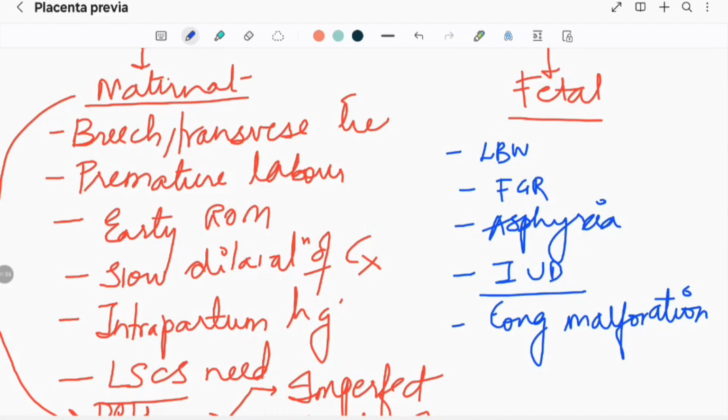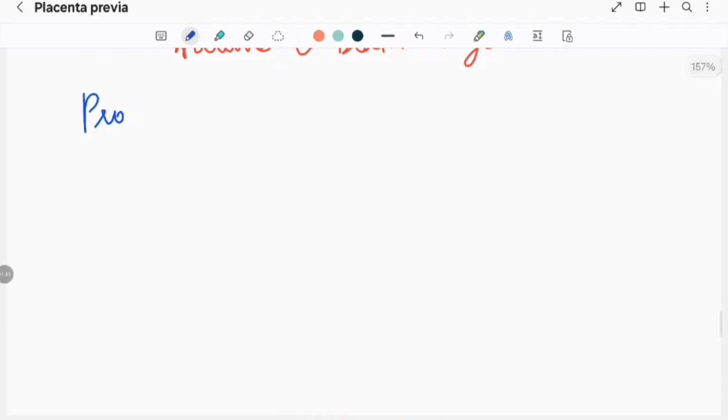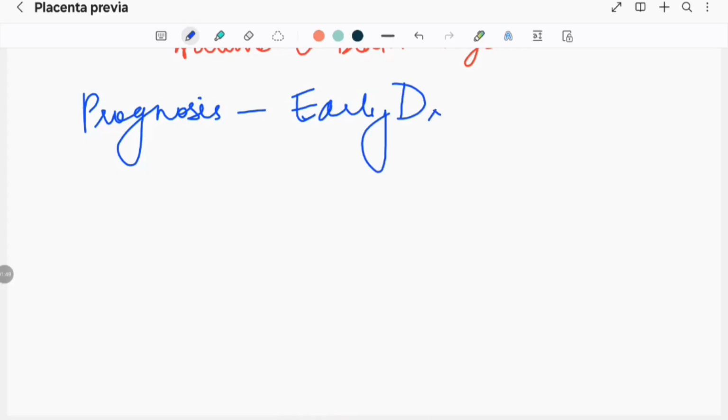The prognosis can be as follows. First, there has to be early diagnosis. Then there is no PVs. No PV. Why no PV?